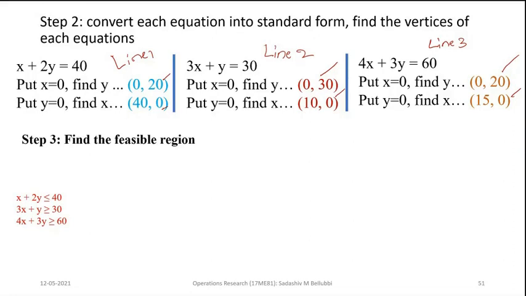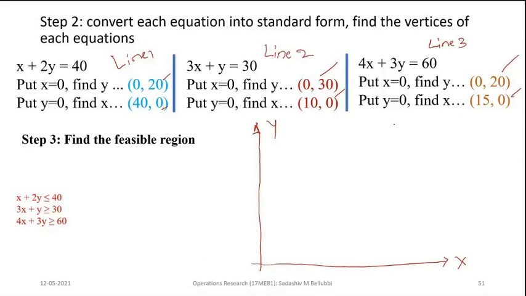First draw a graph sheet with a vertical line and a horizontal line, the x axis and the y axis. What should the scale be? The maximum number is 40.